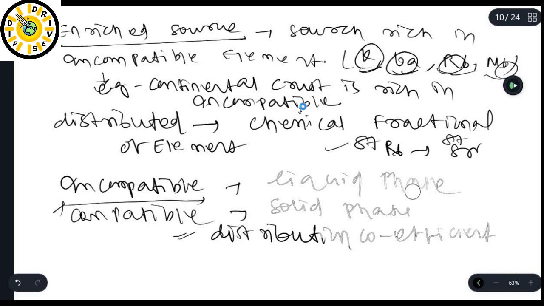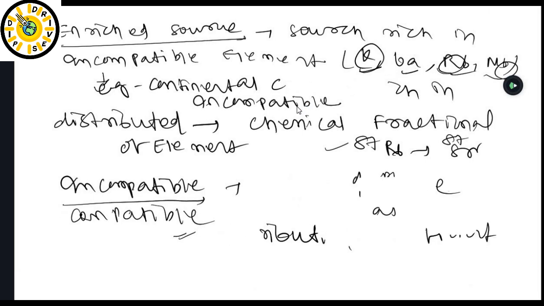Okay, so 87Rb decays to 87Sr, and you know 86Sr is stable, right? So that's why we are taking the ratio of 86Sr.